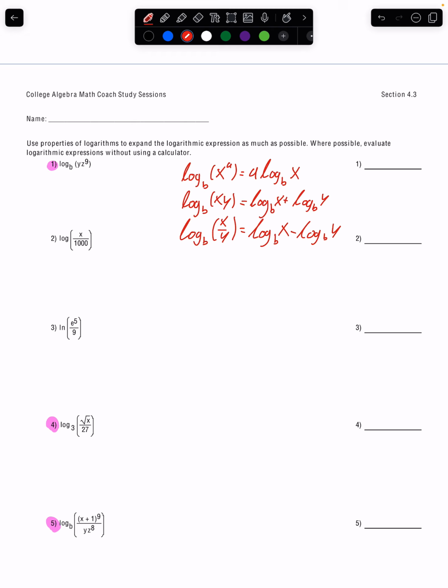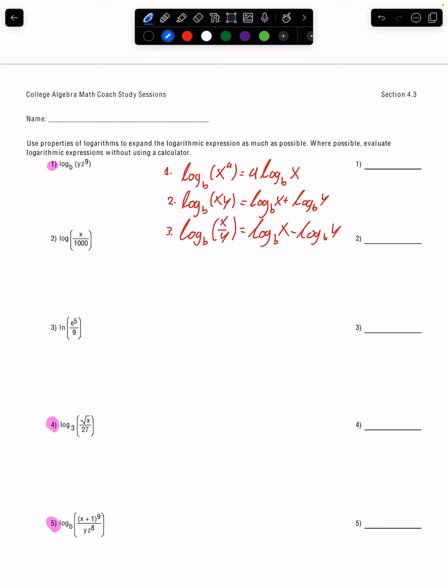So now that we have these in place, we can just reference these 3 little rules. I'll call them 1, 2, 3. We can reference those and they help us expand. Looking at question 1, we see they're being multiplied in the parentheses. So we're going to want to use rule number 1 and split these up.